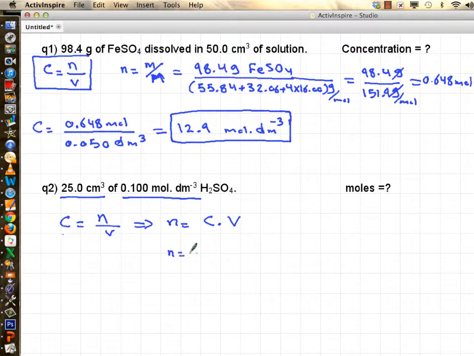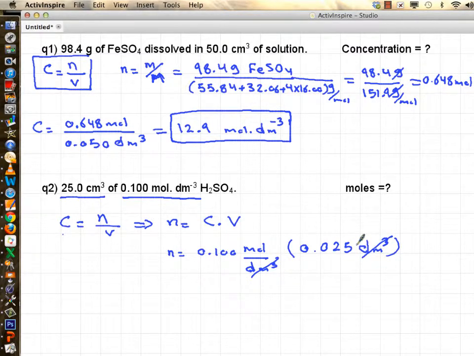So moles is equal to 0.1 mole per decimeter cube. This time I wrote it in the denominator, times my volume, which I'm going to take 3 decimal places to the left, 0.025 decimeter cubes.